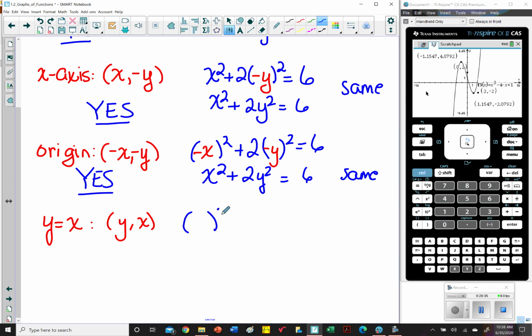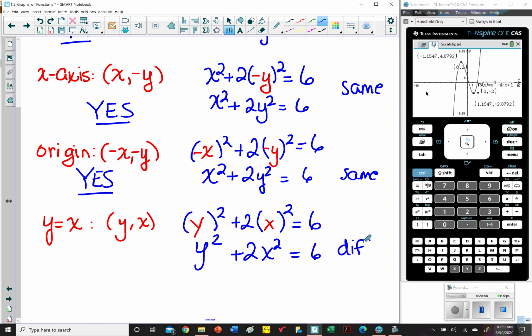So in place of the x squared, we're going to make that a y, and in place of the y squared, we're going to make that an x, and see if we're symmetric across that diagonal line. So does the function stay the same? And that would be, no, this is different. So the graph is not symmetric around that diagonal identity function y equals x.